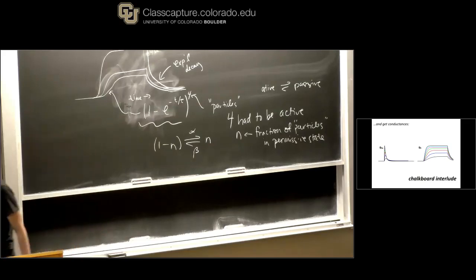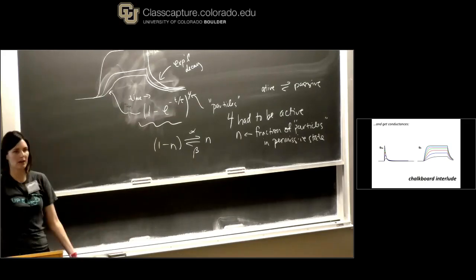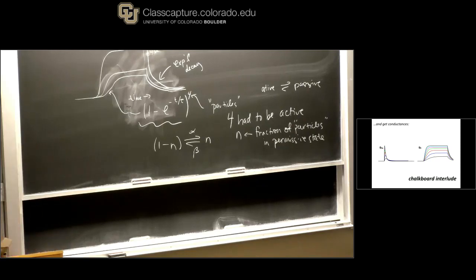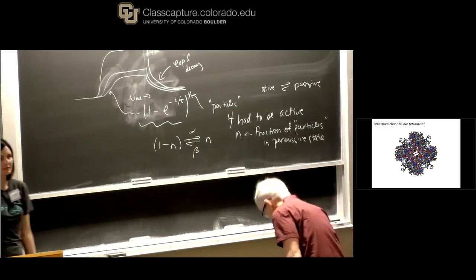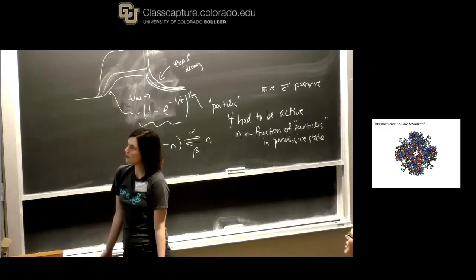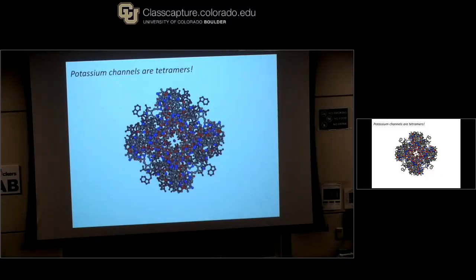So if we then fast forward to the 80s and 90s, where you can do X-ray crystallography of potassium channels, you find out that they look like this. Do you notice anything about this potassium channel? A spiral. That's sort of nice, but anything symmetry to it? It's chiral, yes, but there are 4 pieces.